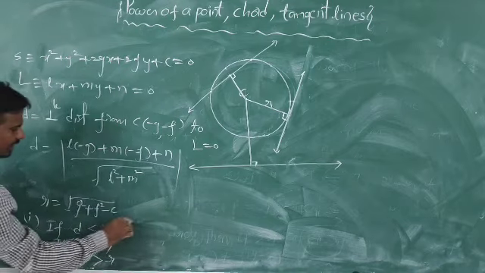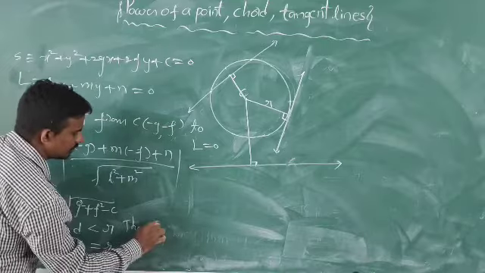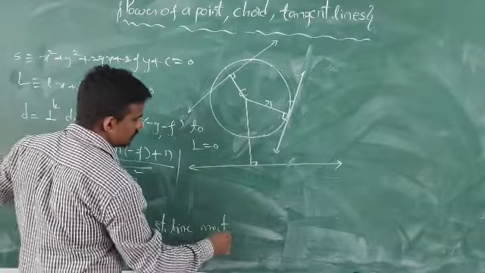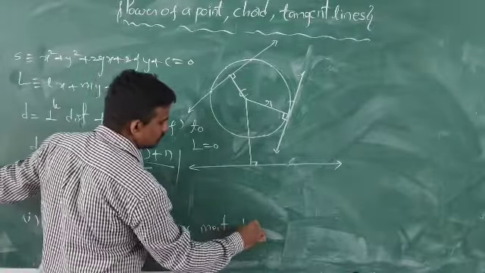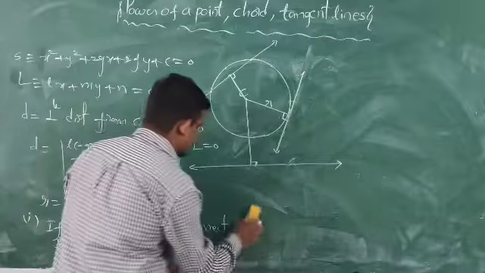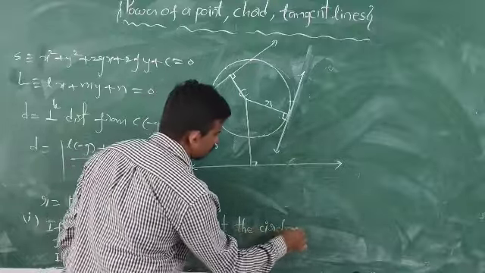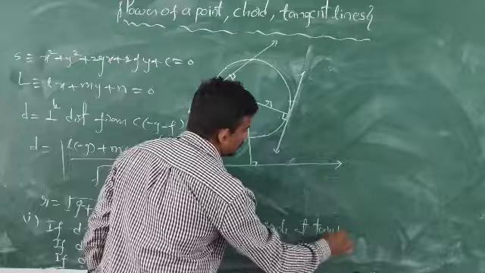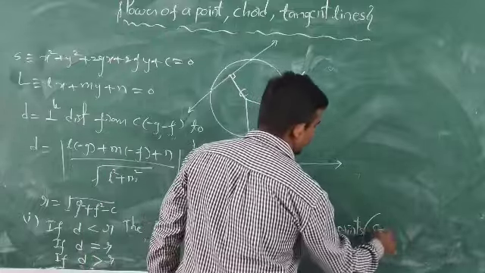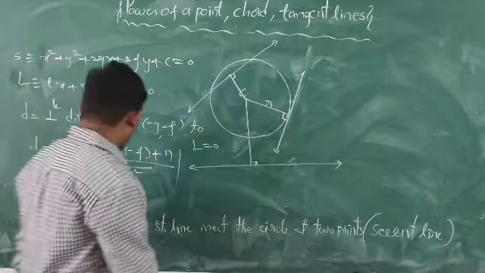If d is less than r, the straight line meets the circle at 2 points. That means it is a secant line.